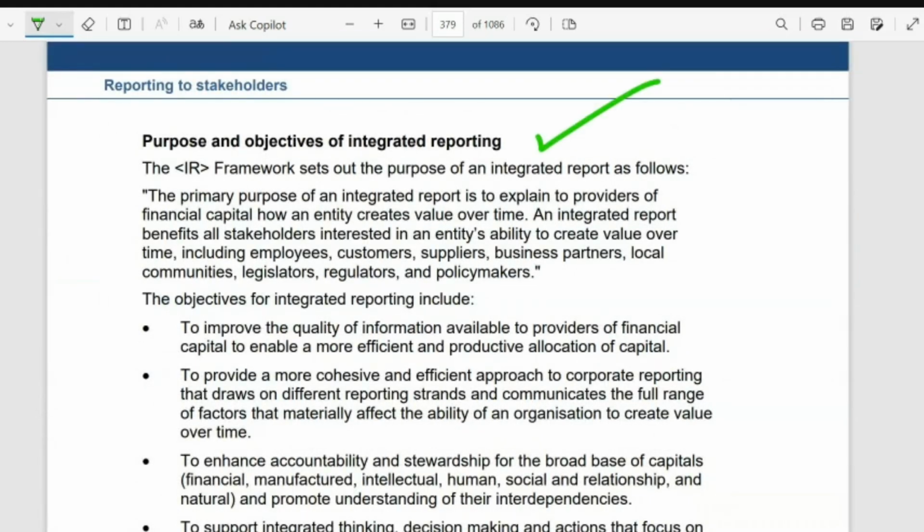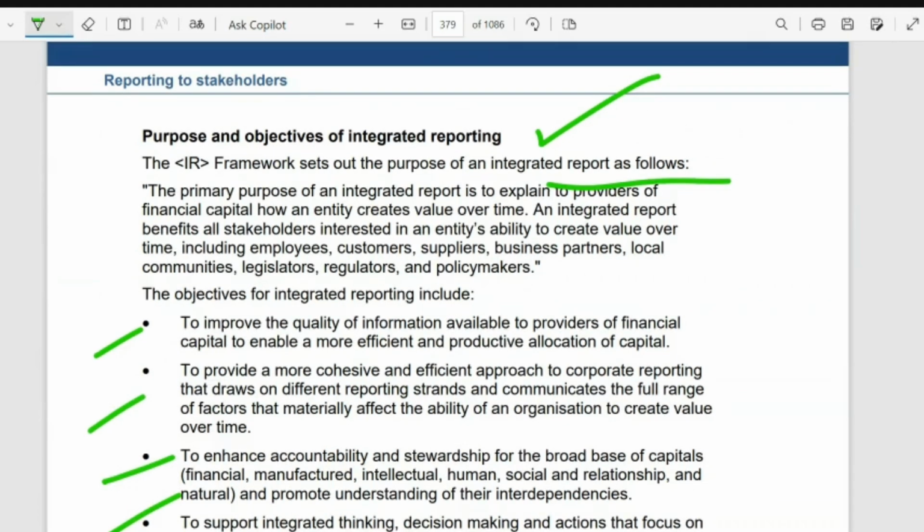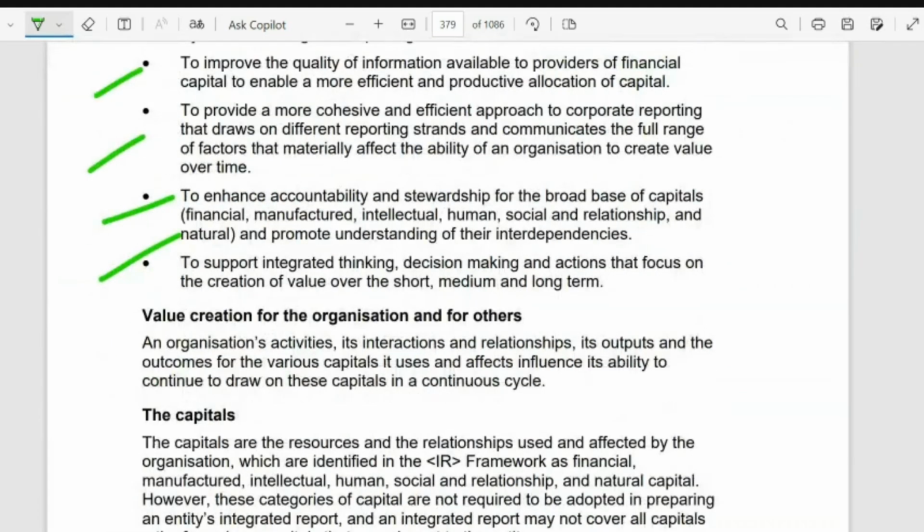So go through these purposes and objectives: to improve the quality of information available to providers of financial capital, provide a more cohesive and efficient approach, enhance accountability, and support integrated thinking. Remember these keywords and you are done with this.